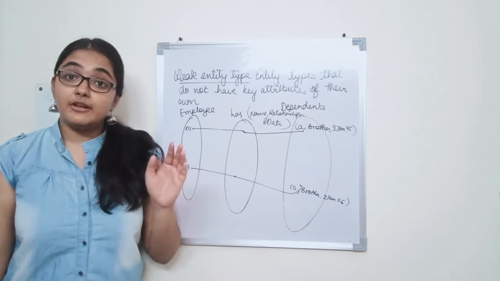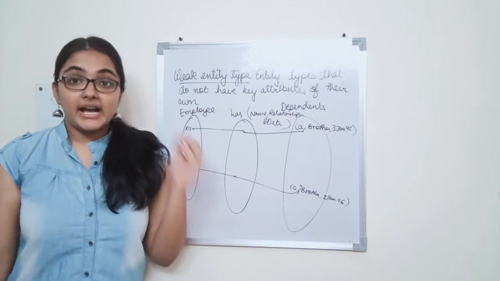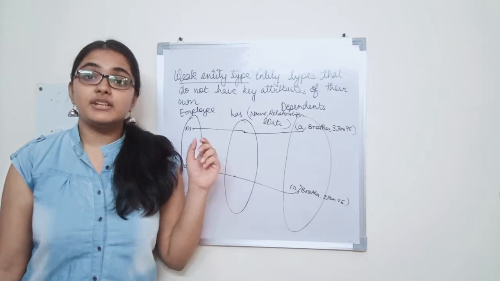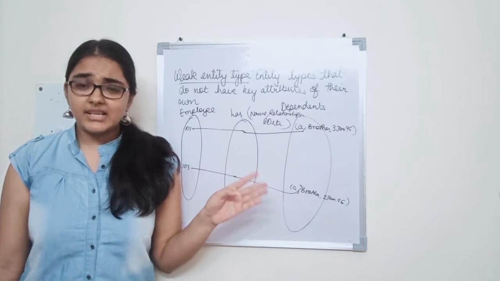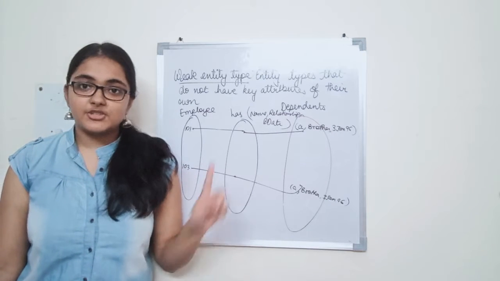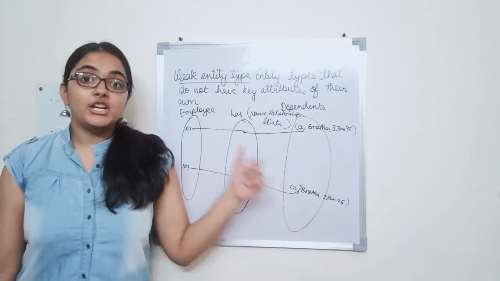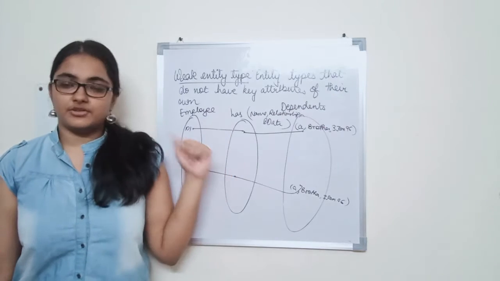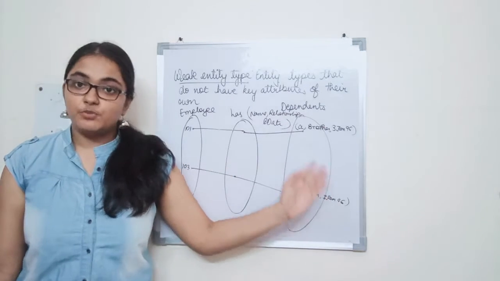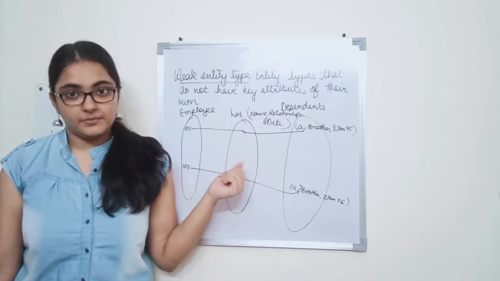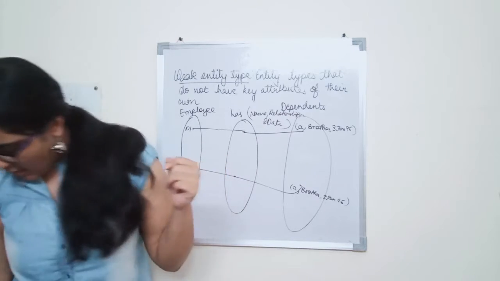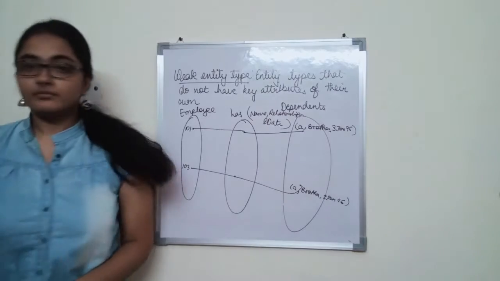We will be unable to again uniquely identify entities of the dependent entity type. Right, so the problem is not solved. So in order to solve our problem, the participation of the dependent entity type has to be total in the has relationship, which means that every dependent should participate in this relationship, that is, the identifying relationship type. Alright, I hope now it is clear.